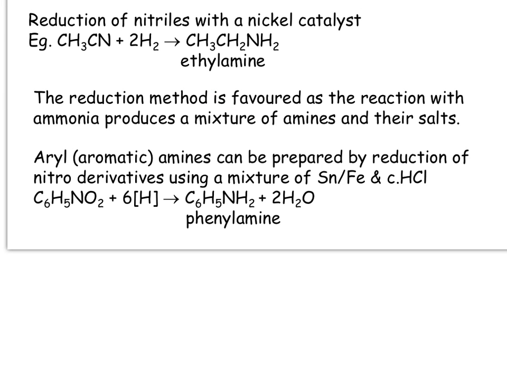If we want to make aromatic amines, they tend to be prepared from nitrobenzene. So we can start with nitrobenzene. We would react it with hydrogen, usually using something like a nickel catalyst, or we can be more specific in our reducing agents and we can use a tin or an iron catalyst and concentrated hydrochloric acid.